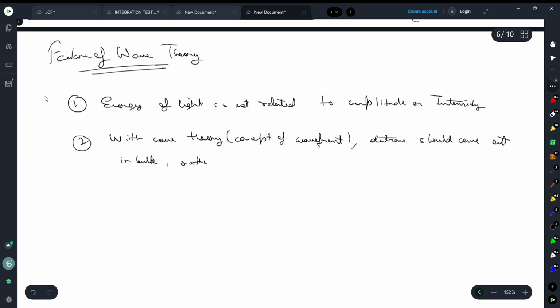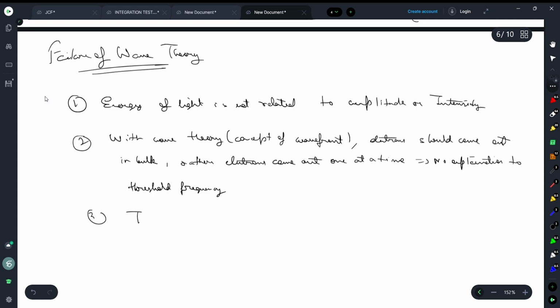Rather, electrons come out one at a time. Okay, which implies no explanation to threshold frequency. No explanation to threshold frequency.